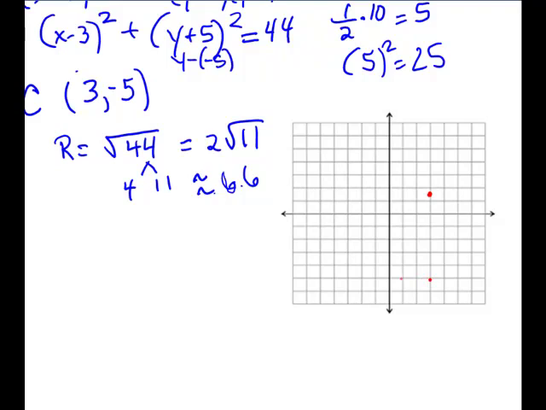And this way 1, 2, 3, 4, 5, 6, and probably about right here. And in the other directions also 6, and a little bit more.